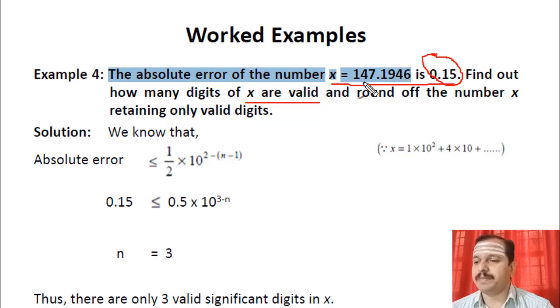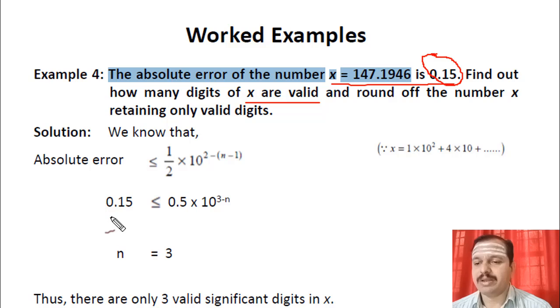If we expand this number, it looks like this: 1 into 100 plus 4 into 10 plus 7 into 1, like this. So the definition states like this: 1 by 2 into 10 to the power of 2 minus (n minus 1). So this is the definition we are having.